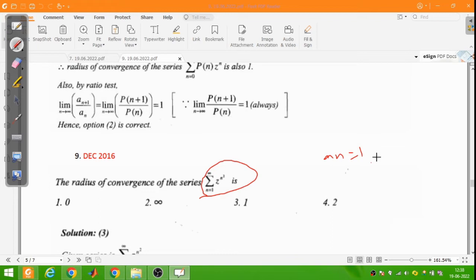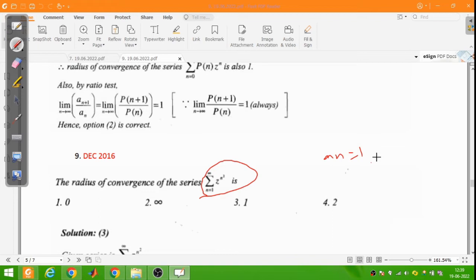What is the radius of convergence? 1, sir. How?